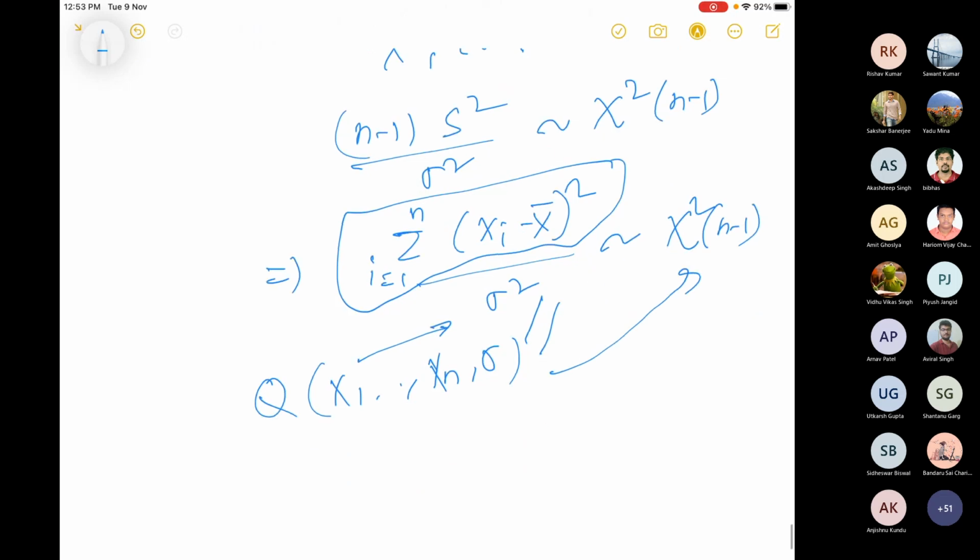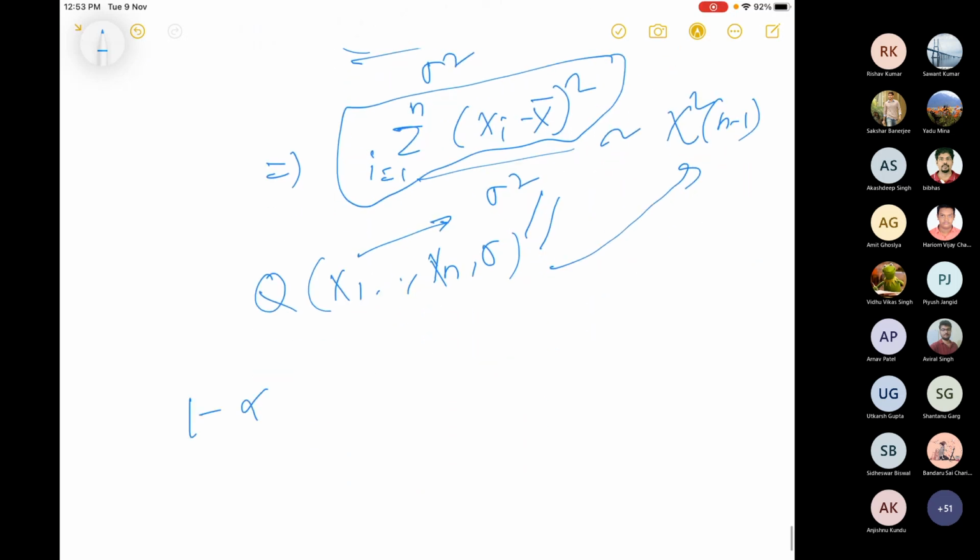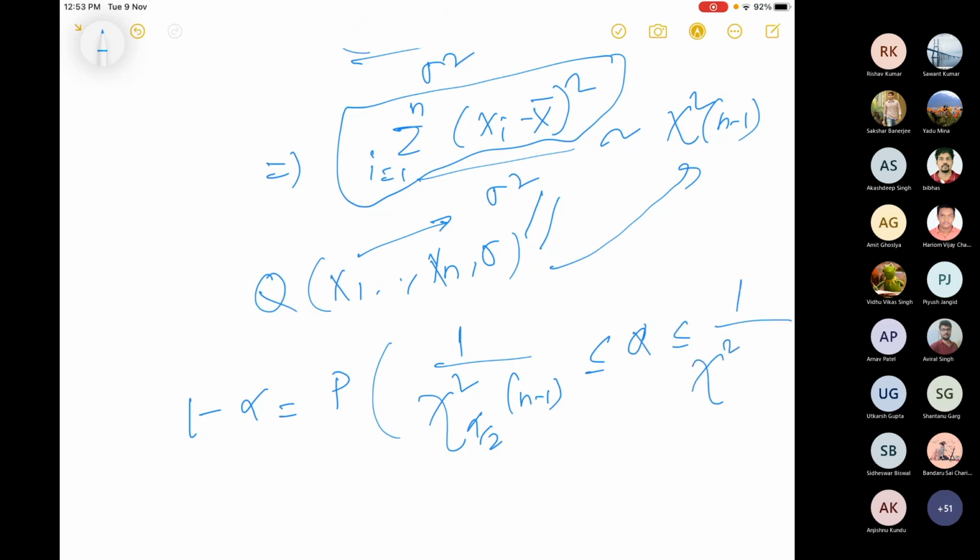So again, we can write the same thing and find the confidence interval, the probability of 1 by chi square alpha by 2, n minus 1 degrees of freedom, equal to 1 by chi square 1 minus alpha by 2, n minus 1.